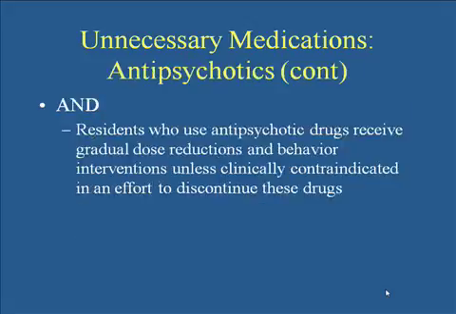And if we're using them for behaviors primarily, we're going to have to do some gradual dose reductions and have some very well documented behavioral interventions, unless clinically contraindicated. The goal for these agents, when used for behaviors associated with primarily dementing type illnesses, is really to discontinue these agents as quickly as possible.